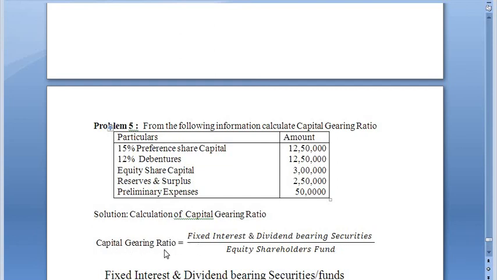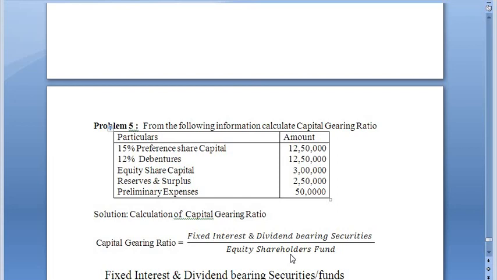And what is the formula of capital gearing ratio? Capital gearing ratio is equal to fixed interest and dividend bearing securities or funds divided by equity shareholders funds. Okay, this is the proportion between what is the amount of capital that is issued through equity capital and how much amount of capital is issued through fixed interest and dividend bearing securities.